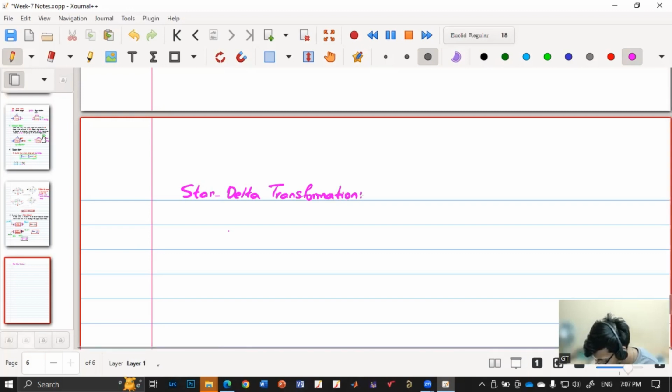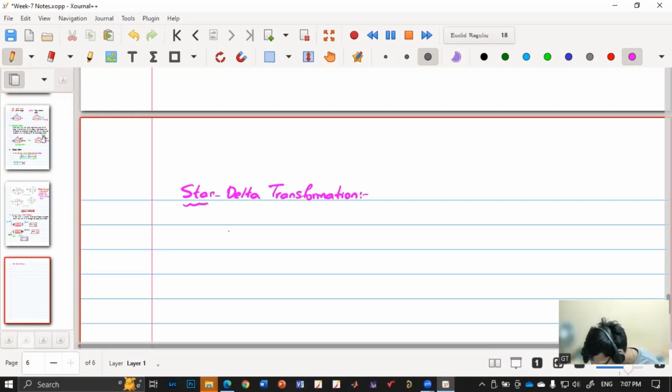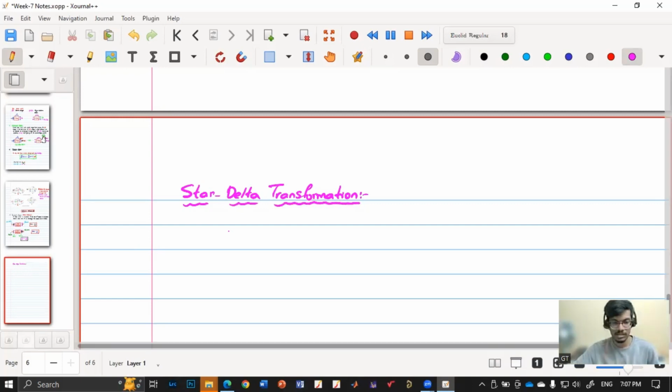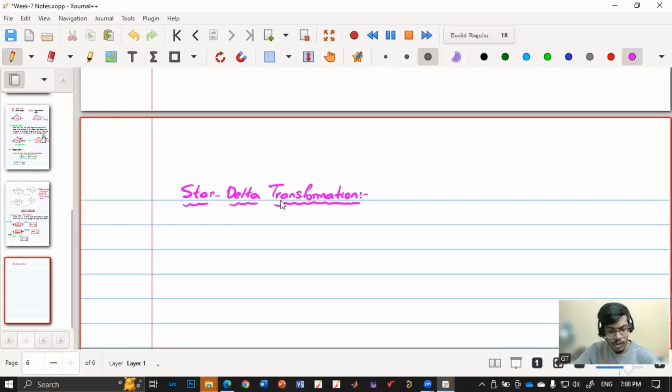It will simplify the circuit very much and save a lot of time. There might be cases where you need to convert star into delta so that the circuit becomes much simpler and you can do it very easily.